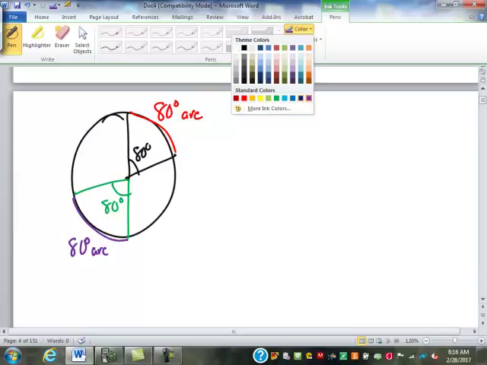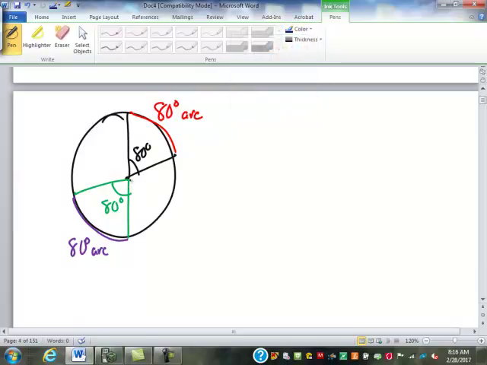In fact, not only are these arcs equal like that, but they're also proportional. If I have a 40-degree angle right here, what do I know about this arc? It's a 40-degree arc, but it's also equal to half of the 80-degree arc, or the 80-degree arc divided by 2, because it's half the central angle.